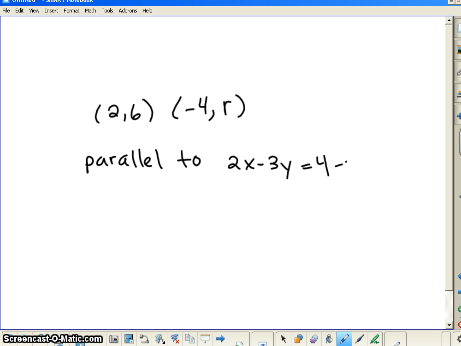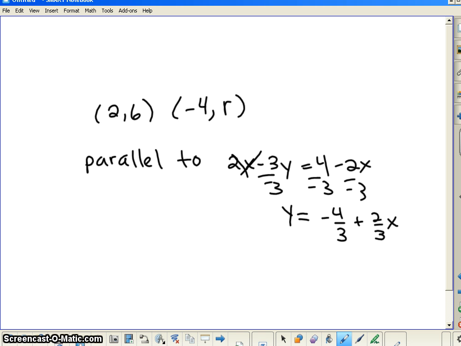So minus the 2x. Then what? So y equals plus 2/3 x. So if I took these 2 points and connected them, I need to find the value of r that's going to make that line parallel to this line.